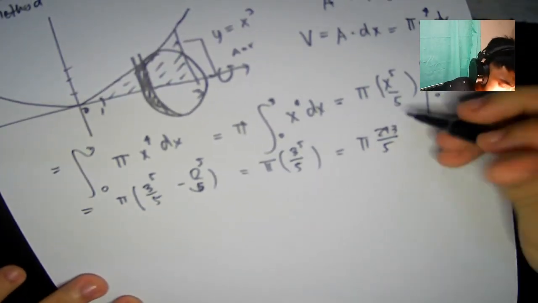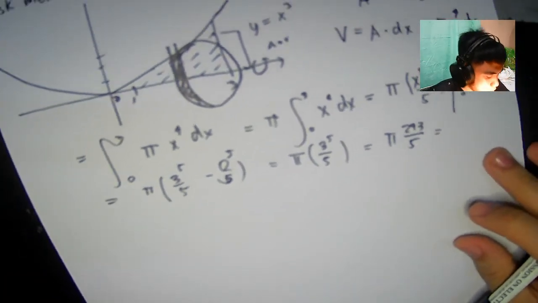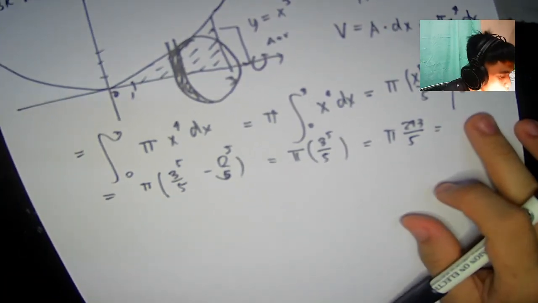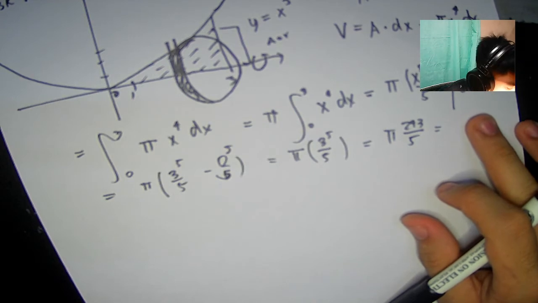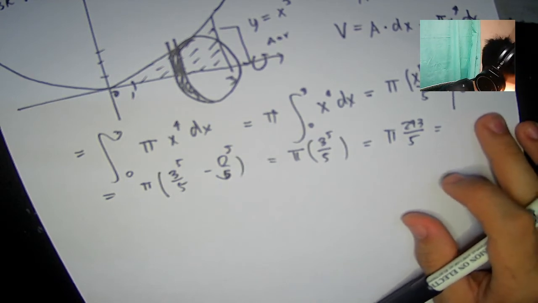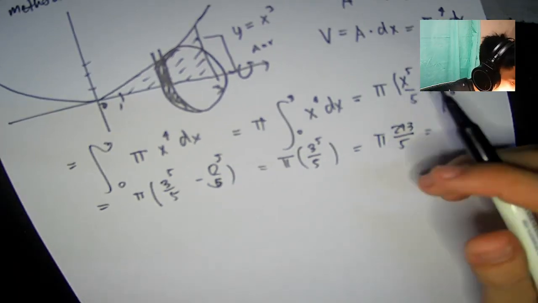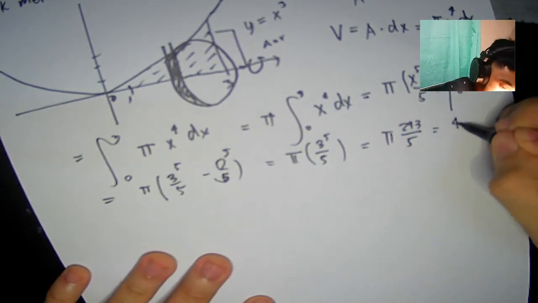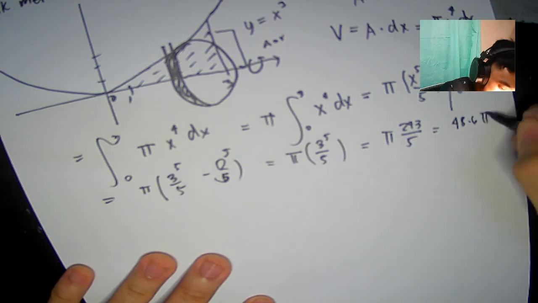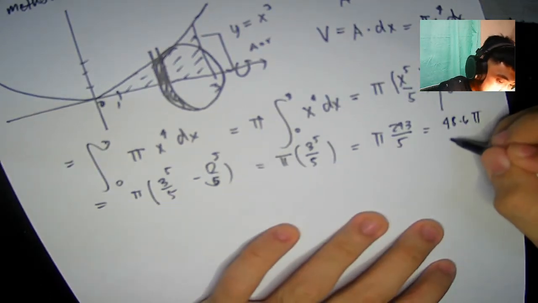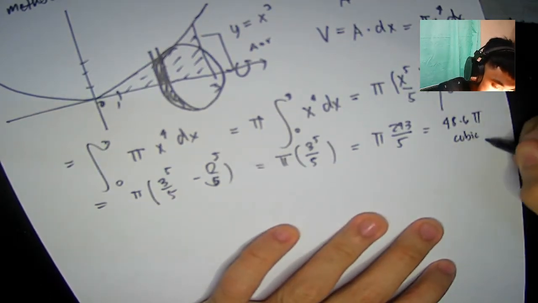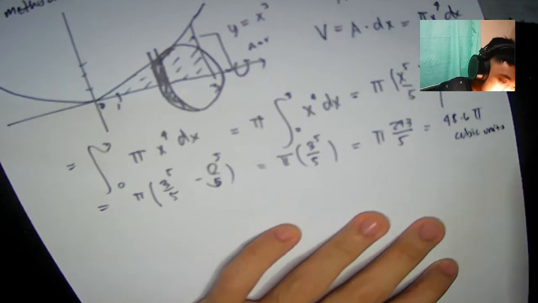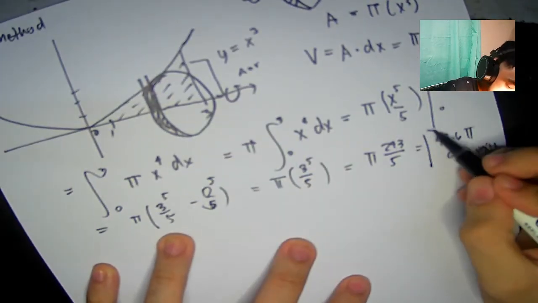You can still simplify this: 243 divided by 5 is 48.6. 48.6 pi is the volume of the disk in cubic units.